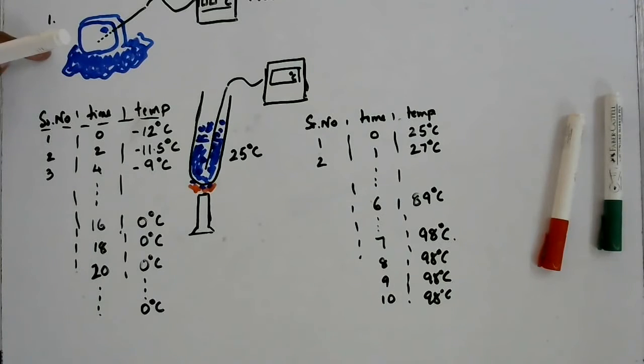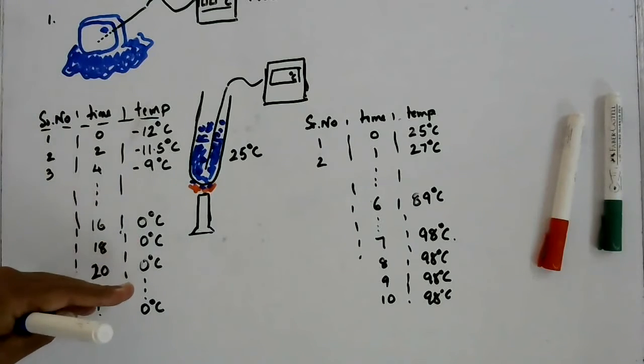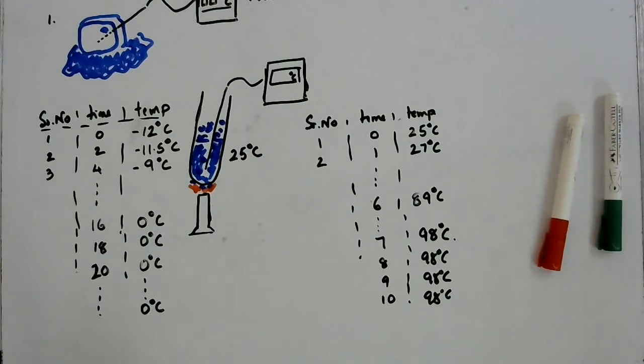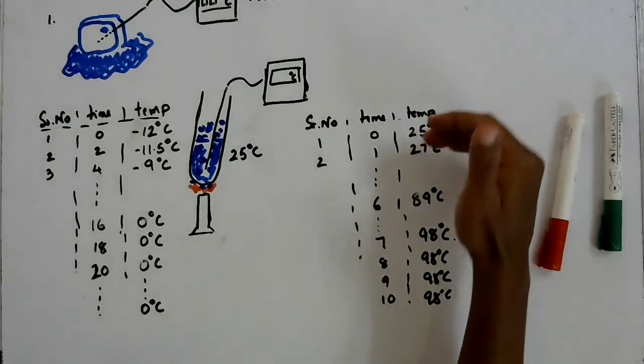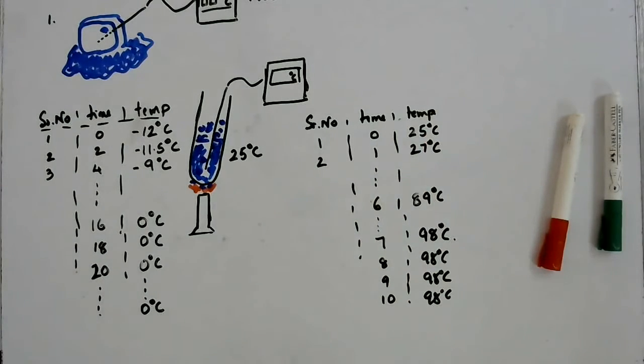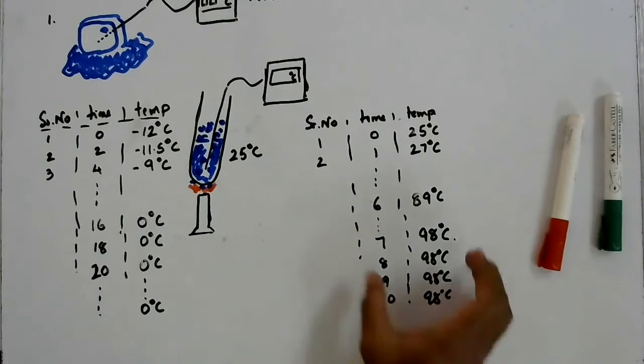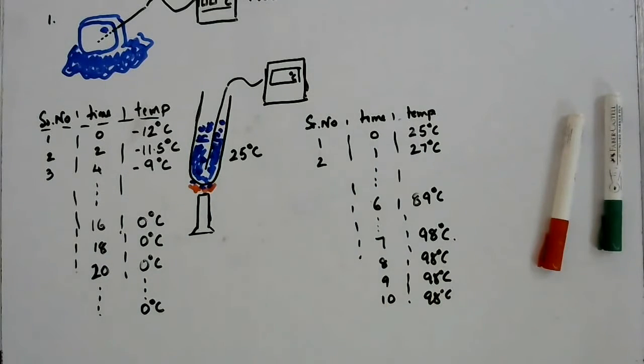When ice is melting from sub-zero temperatures to 0 degrees Celsius, the temperature keeps rising until it comes to 0 degrees Celsius, and at 0 degrees Celsius there is no further rise in the temperature. Similarly, the same thing happens when you boil water. When you heat water from room temperature up to the boiling point, it reaches the boiling point and then refuses to increase further.